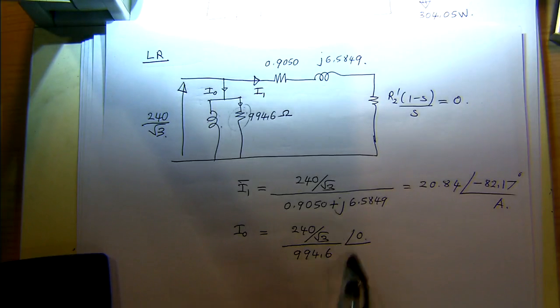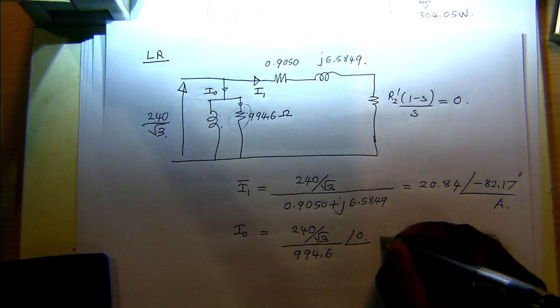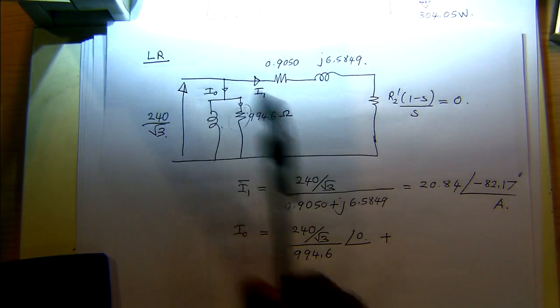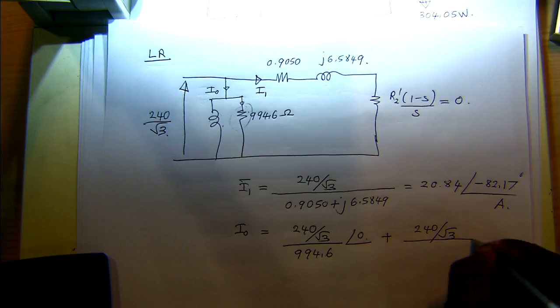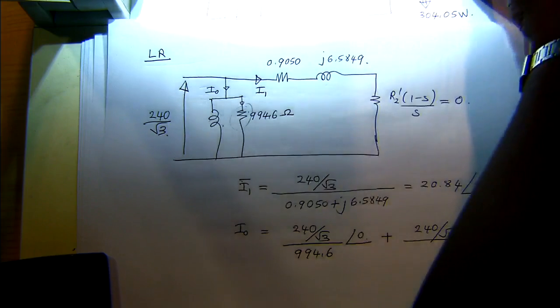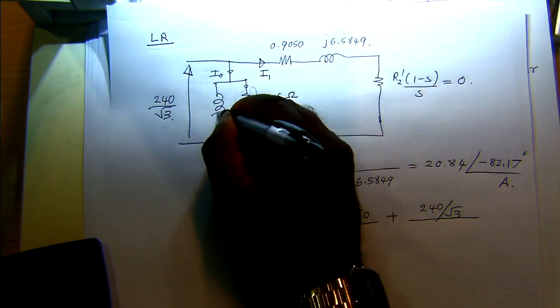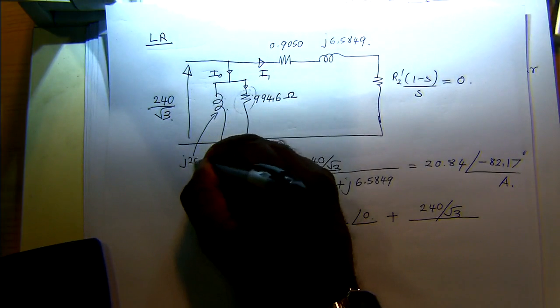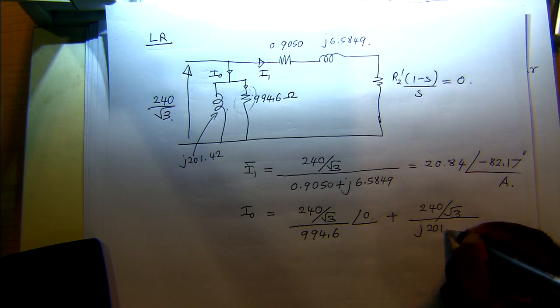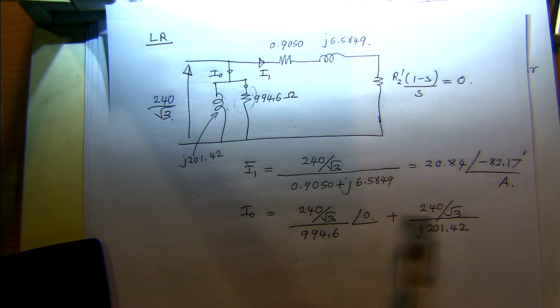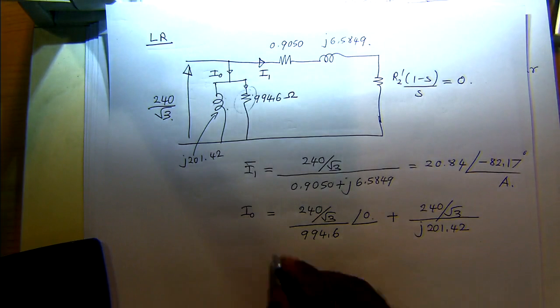This is the current through the resistive element, plus the current through the inductive element, which will be 240 over root 3 divided by j201.42. So if you resolve this, you'll get the total current into the magnetizing branch.